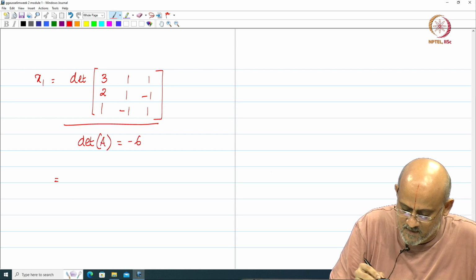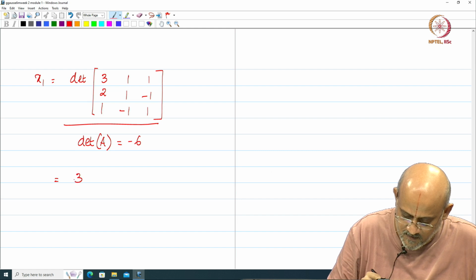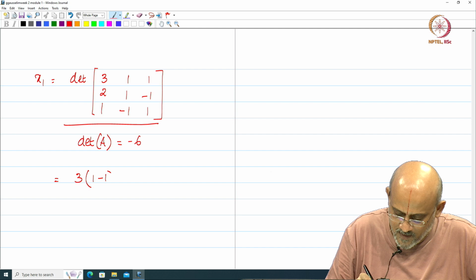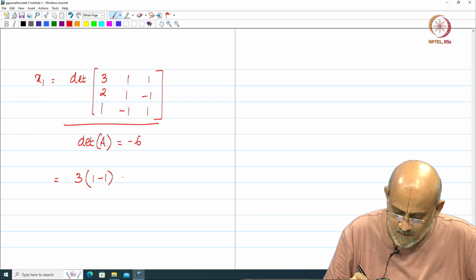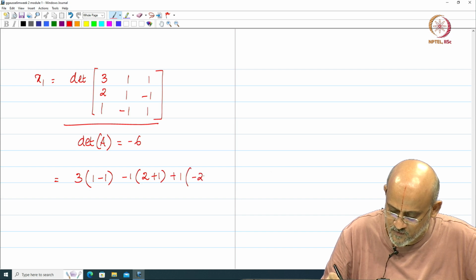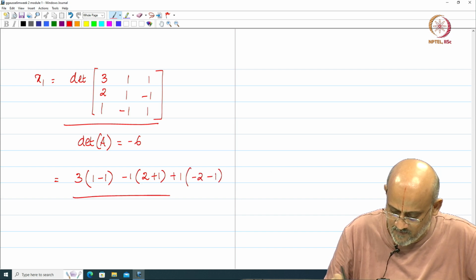So, let us look at this. The determinant of the numerator matrix is going to be 3 into 1 minus 1, minus 1 into 2 plus 1, plus 1 into minus 2 minus 1, divided by minus 6.